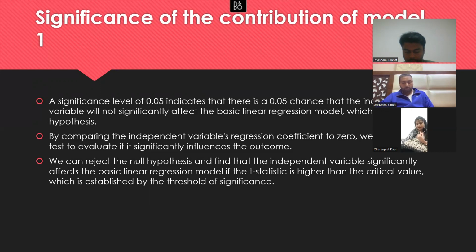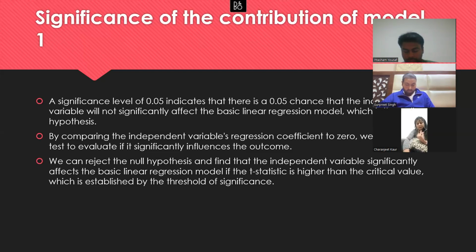By comparing the independent variable's regression coefficient to 0, we can use the F-test to examine if it significantly influences the results. We can reject the null hypothesis and find that the independent variable significantly affects the simple linear regression model if the F statistic is higher than the critical value, which is established by the threshold of significance.